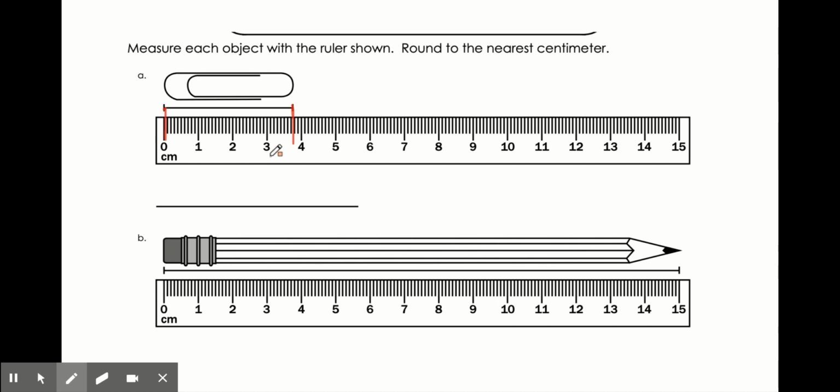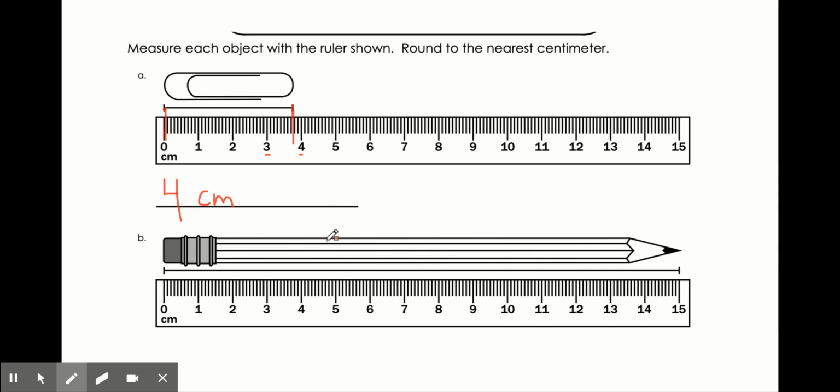But is it closer to 3 or to 4 centimeters? It is much closer to 4 centimeters. So when it says about how long is this object, it means what is it closest to? In this case, it is closer to 4 centimeters.